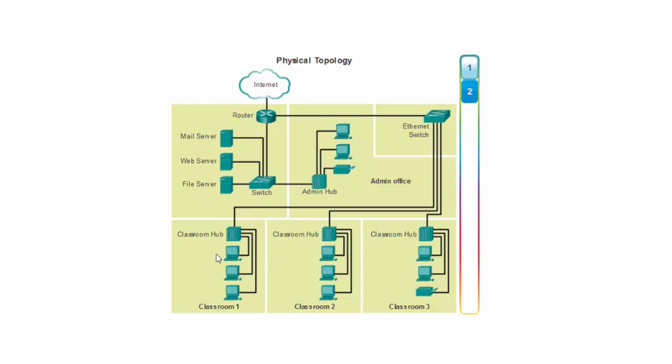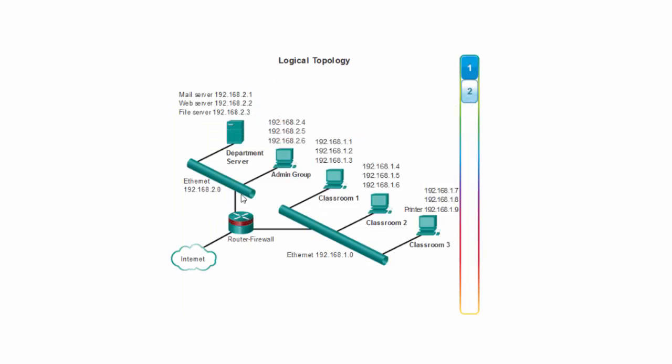So that's why these classrooms are represented using one machine in the logical topology, and all the machines that are connected to a switch are represented using a bus, as we can see here, to symbolize the fact that these machines all share the medium, or the switch, in that case using technology like Ethernet.